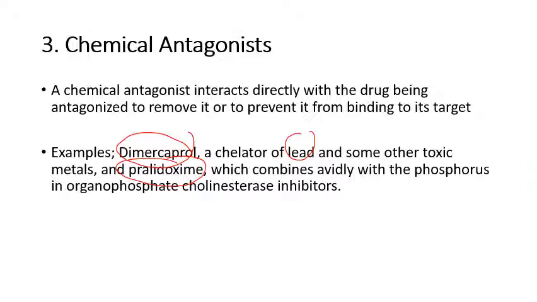So pralidoxime can chemically prevent the organophosphorus toxicity by preventing the interaction with cholinesterase, and therefore it's commonly used as a treatment choice to prevent organophosphorus compound toxicity by chemically enhancing the reactivation of cholinesterase receptors.